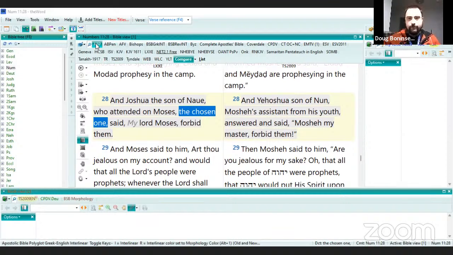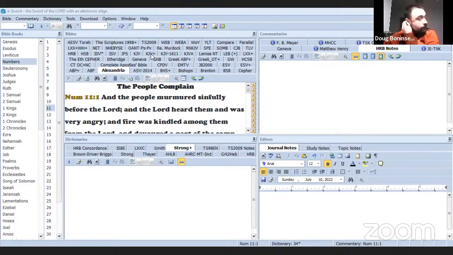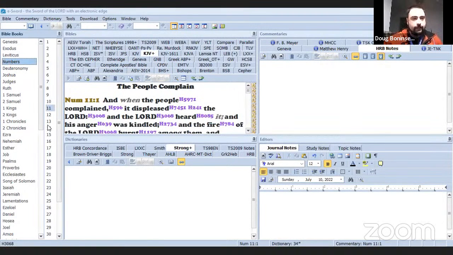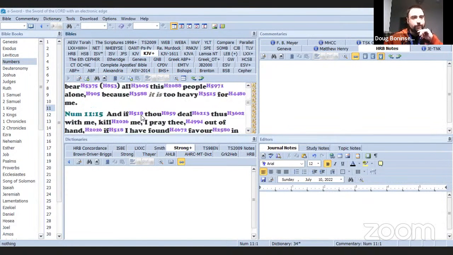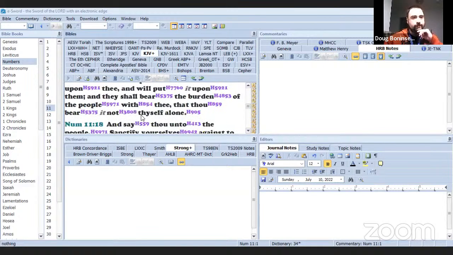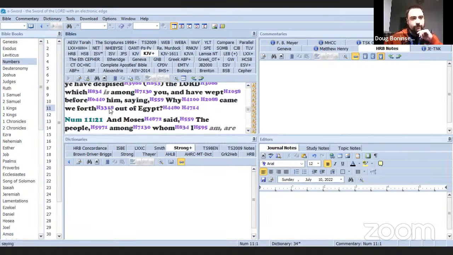Let me see here if I can show. No, I wanted to go to the eSword because eSword has all the Strong's info and all that. So if you go to the Strong's of Numbers 11:28, I believe this would be the same thing in the Hebrew interpolated interlinear, where it will have Adonai in the Hebrew here, if I'm not mistaken.